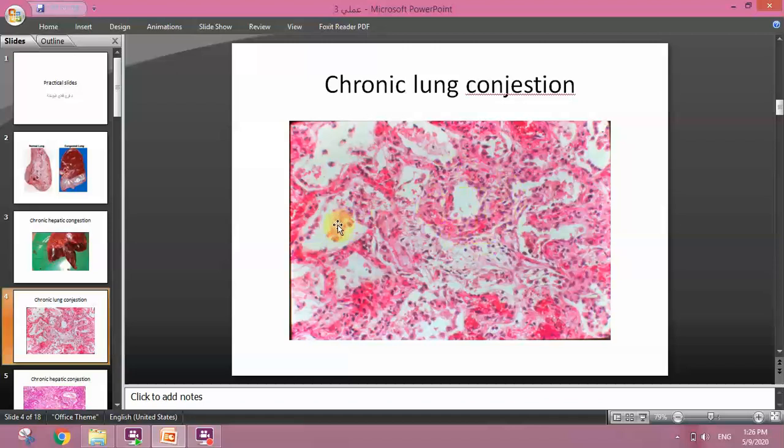There is minute intraalveolar hemorrhage with the characteristic heart failure cell, which is a hemosiderin-laden macrophage that engulfs blood, and characteristically occurs in chronic lung congestion, as we mentioned in the lecture.